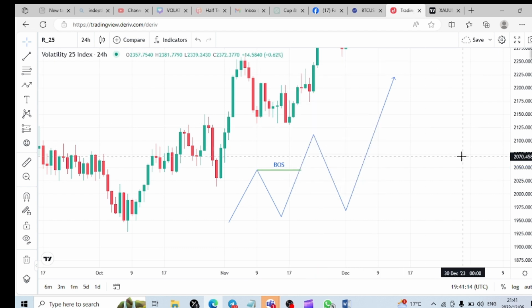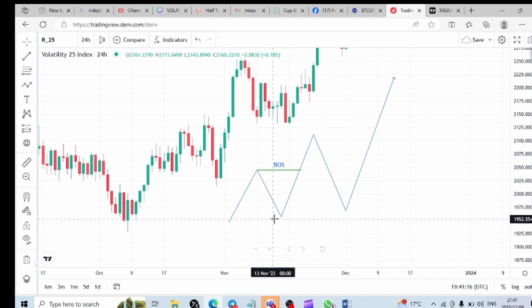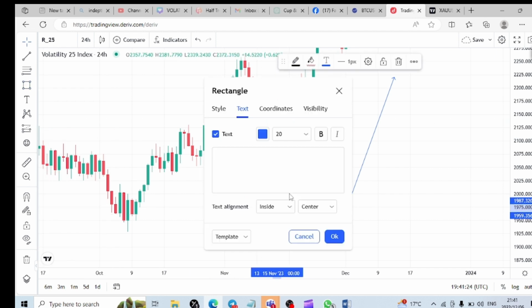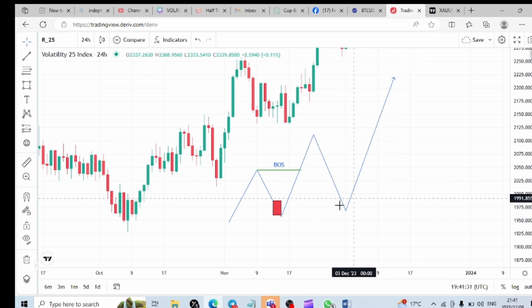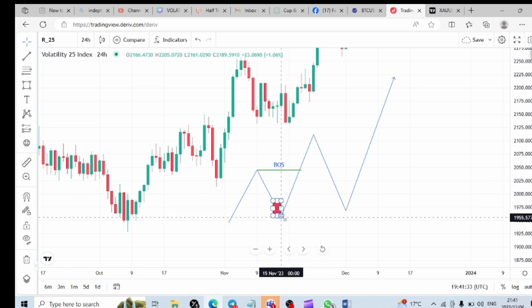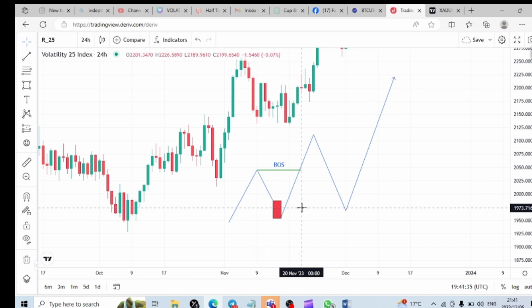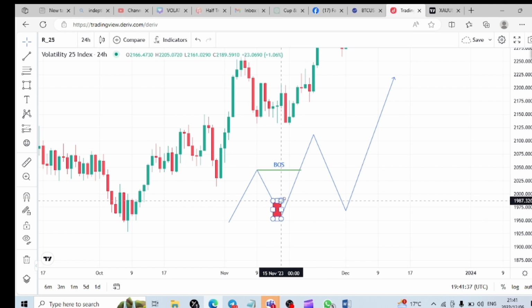Then after that, what do you see? The last down candle, or the last red candle before the price starts to move upwards, which will be here, this one, is what we refer to as our order block.